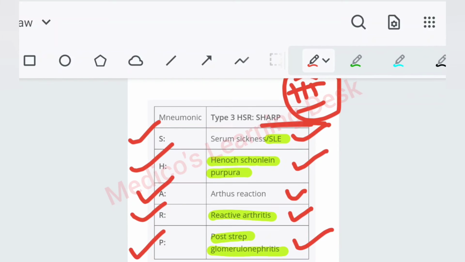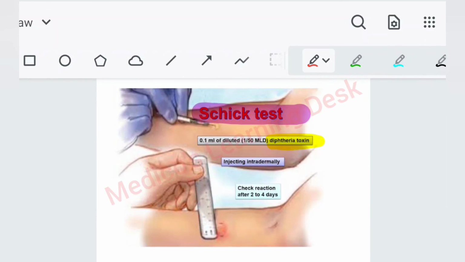So what is the mnemonic? The mnemonic is SHARP. S for SLE, H for Henoch-Schonlein purpura, A for Arthus reaction, R for reactive arthritis, P for post-streptococcal glomerulonephritis.